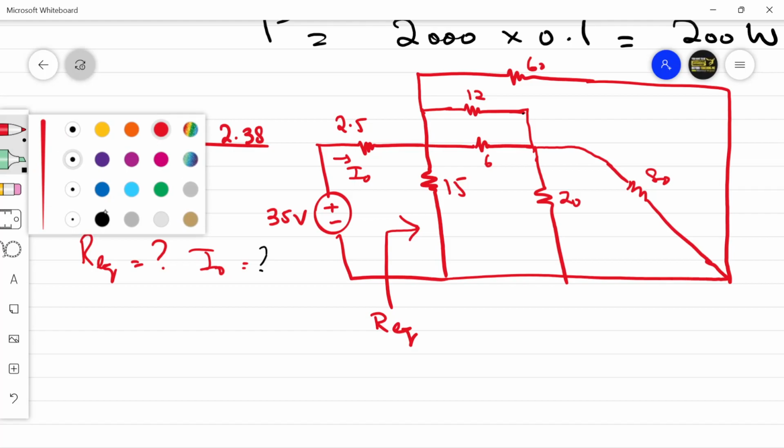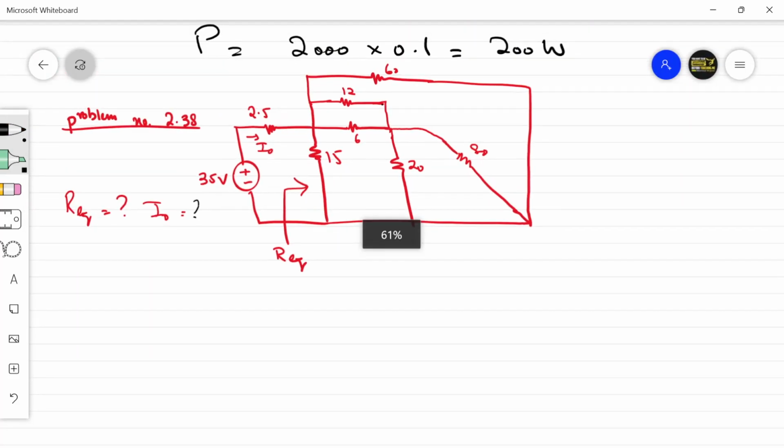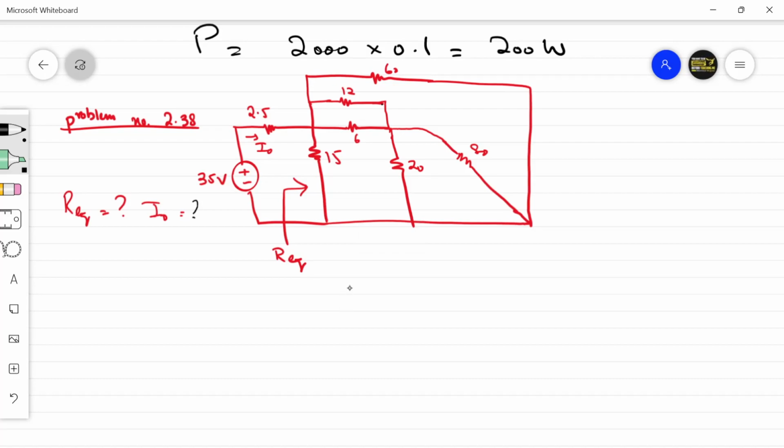They are in parallel. You have 6 and 12. They are in parallel. So this circuit becomes 35 volts, 2.5 amperes. Then you have 15 ohms here. You have 6 and 12 in parallel. So 6 parallel 12 is 6 into 12 divided by 18, that's 72 by 18.